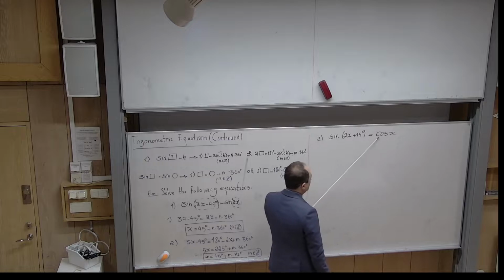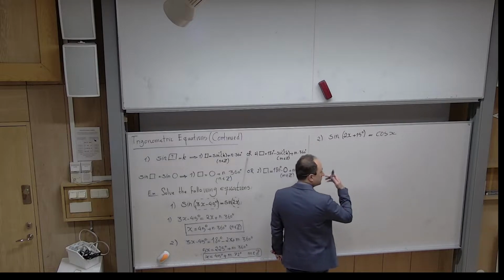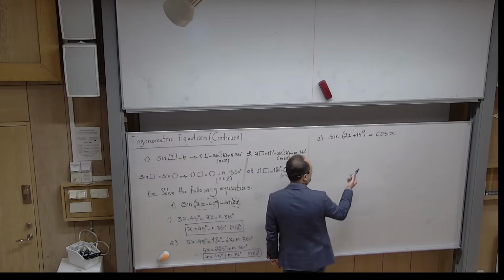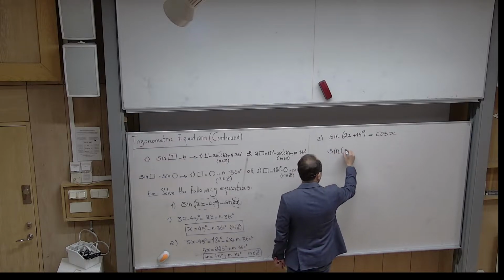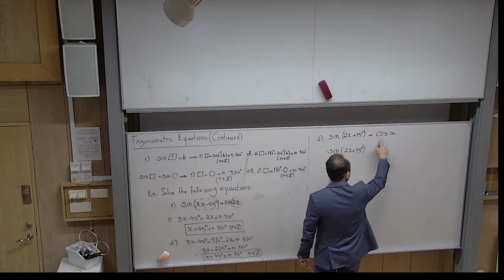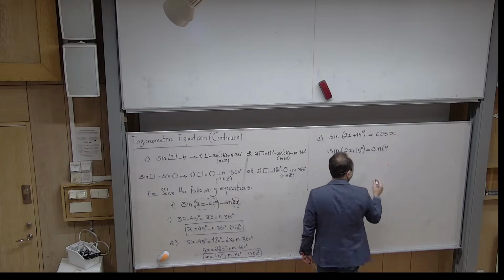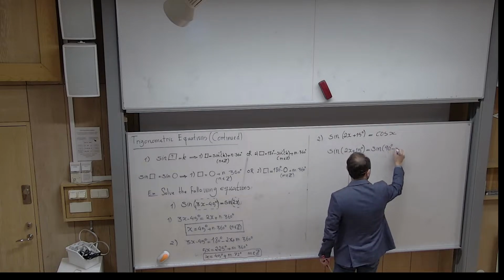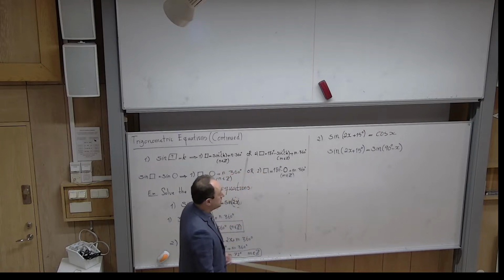If I can make both of them sine, then I can use this idea. And this is possible, because in the first session, I told you that it is extremely important to remember this rule. So here I write this. Instead of cosine, I hope you agree with me that one can write sine again, but of its complement. So that is the first step that you have to do.